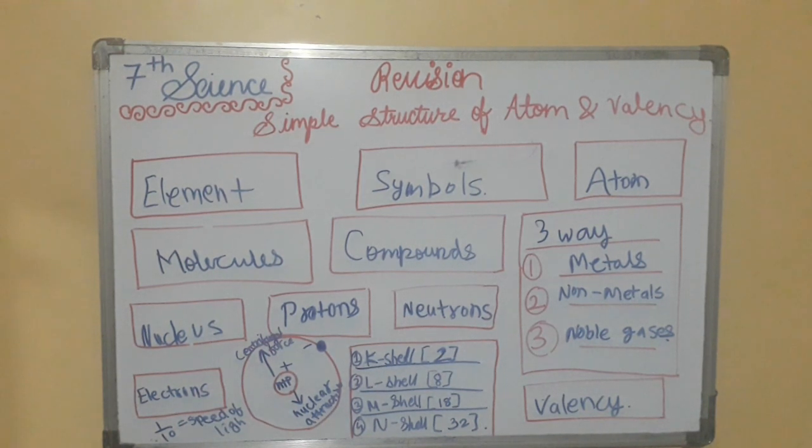Electron 1 doesn't accept or donate. In electron 2, the first shell is completed, so it doesn't do anything. But in electron 4, they neither share nor accept anything.